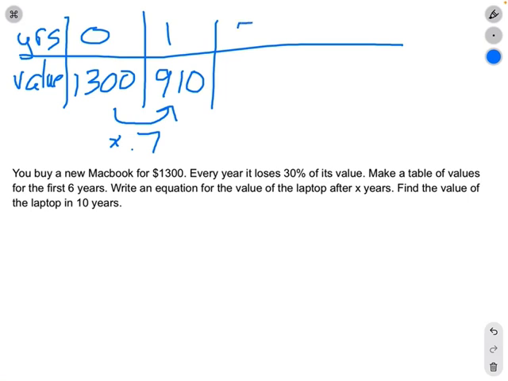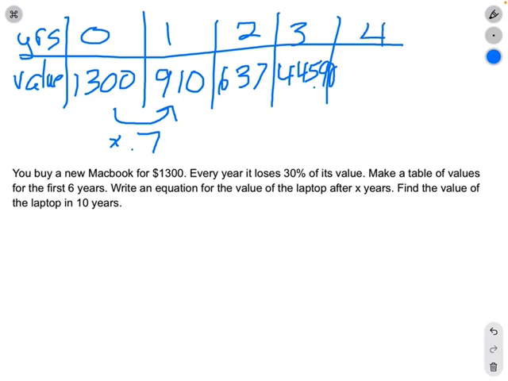Okay, so to get year 2, I'm just going to do 910 times 0.7. 910 times 0.7 is 637, would be the value in year 2. In year 3, I'm going to multiply that by 0.7 again. That gives me 445.90. In year 4, it would give me 312.13.